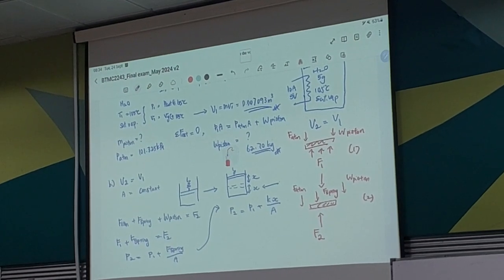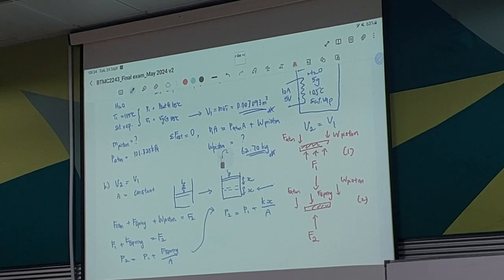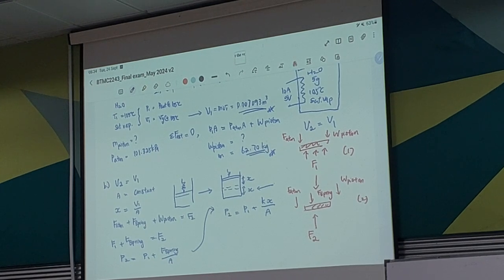So in order to find x, you actually don't really need to do anything. So x is just V1 over A. You don't actually need to care about V2 because, like we said here, the x is just the same.